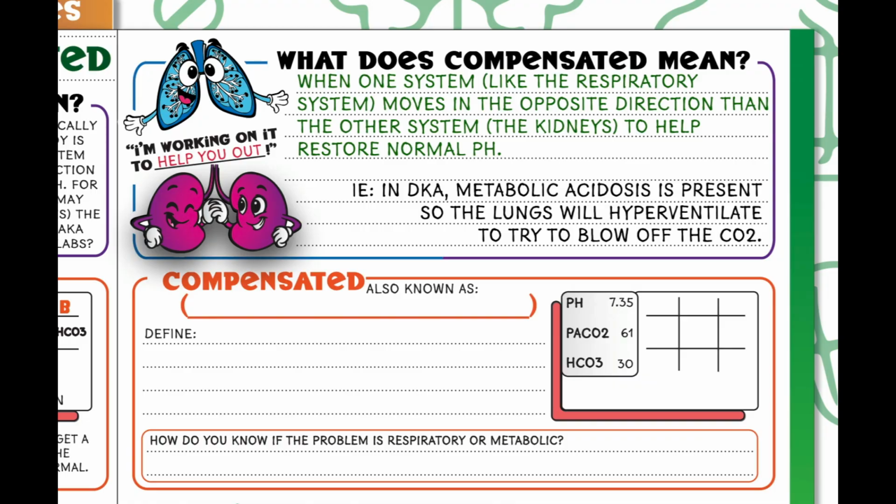And what are those respirations doing? Well, they're blowing off that acid or that CO2 rapidly. So we see them breathing super fast. That's because our respiratory drive is trying to compensate for all of that acid that's already going on, and it's trying to blow it off to help the kidneys out. So our lungs will hyperventilate to try to blow off that CO2.